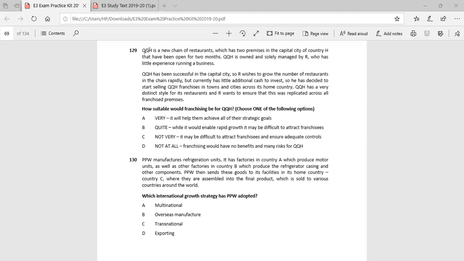So 130 is A, multinational, because it has various units in other countries, which is sold to various countries around the world.